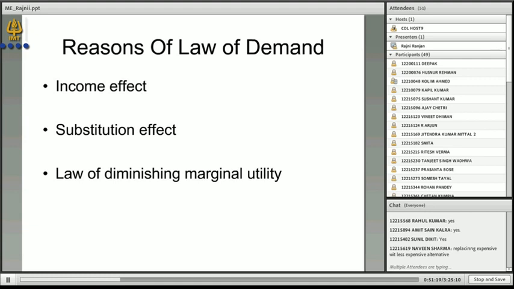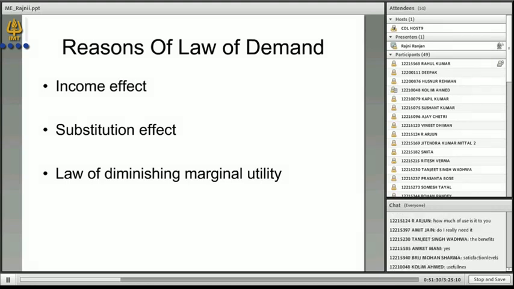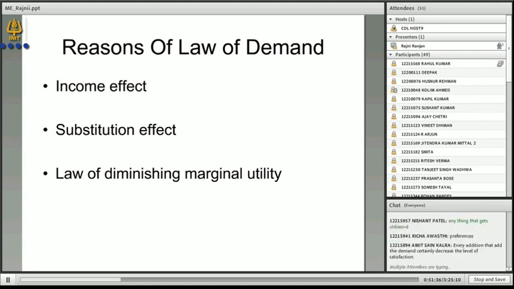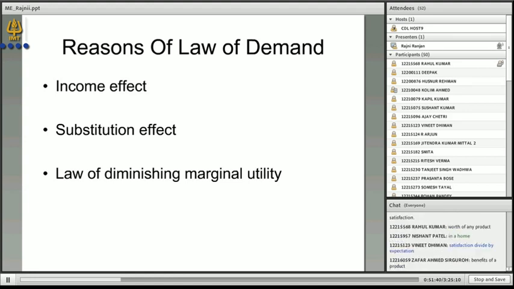What is the meaning of utility? Does it mean satisfaction? Utility is the benefits. It is the satisfaction level or the usefulness. Absolutely correct. Yes, it is the satisfaction that you derive out of consumption of 1 unit of a product.